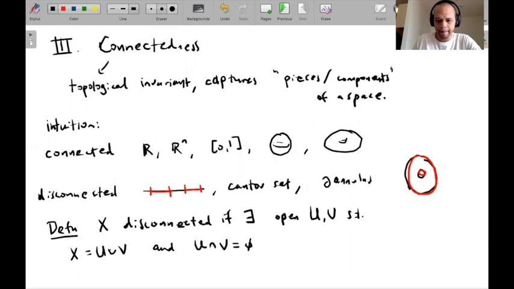And they should be non-empty. Okay, so X is expressed as a union of two disjoint non-empty open sets. So it has these two pieces. U and V are capturing the idea of pieces.